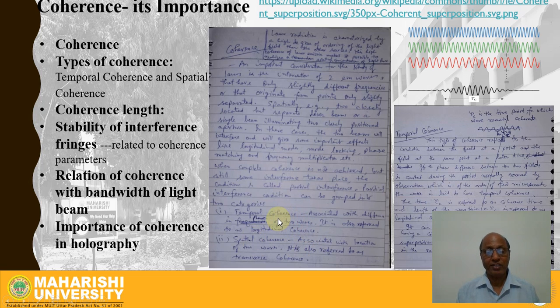What is temporal coherence? Temporal coherence is associated with the difference in phase of two waves, and it is also referred to as longitudinal coherence. That means when two waves are moving in the same direction, and as I explained above, these two waves have the same phase or a fixed phase difference. After a certain amount of time, because of some losses in one of the waves or both the waves, their phase difference changes.